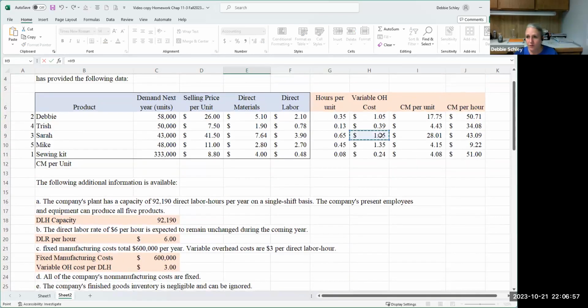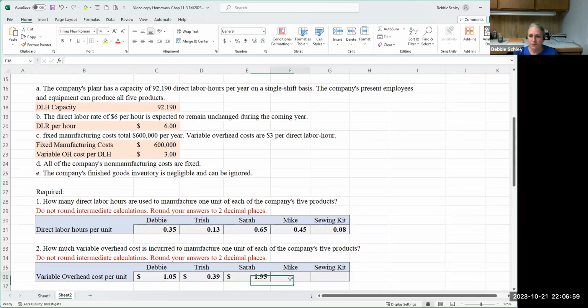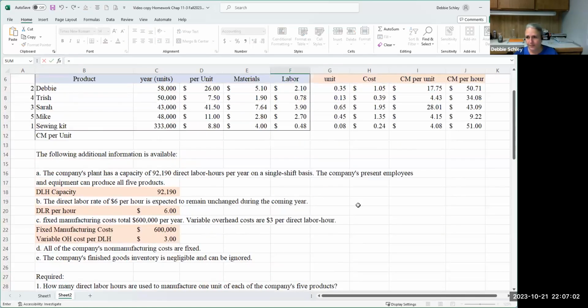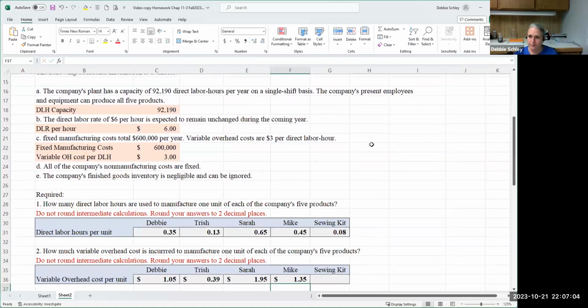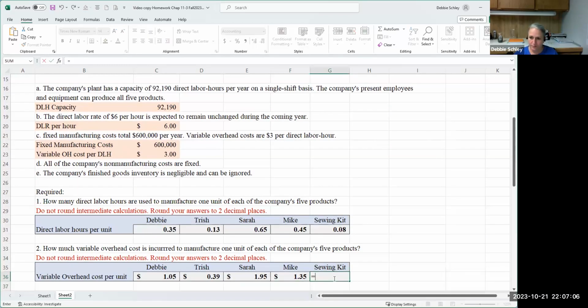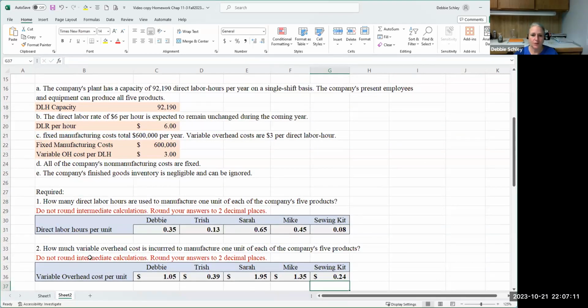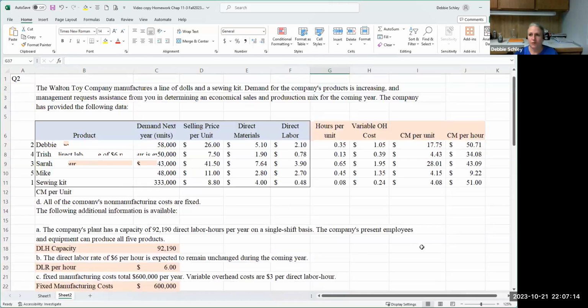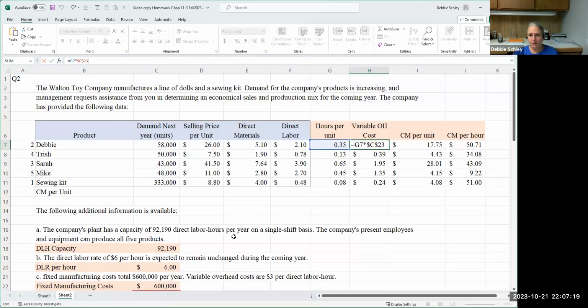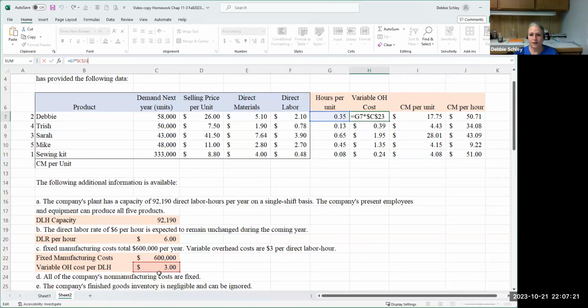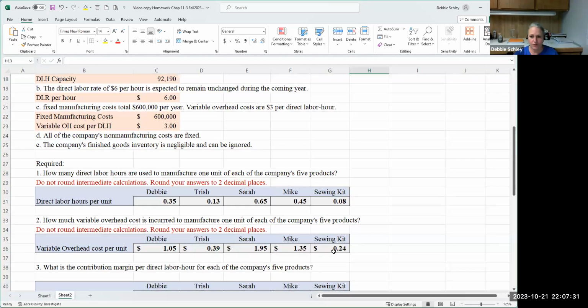Hopefully I'm not driving any of you crazy, but this is just how I set it up. Okay, so that's the answer to 2. If you'll recall, that was the variable overhead cost per direct labor hour times the hours per unit that we figured out for the answer of required 1. Okay, so that's required 2.